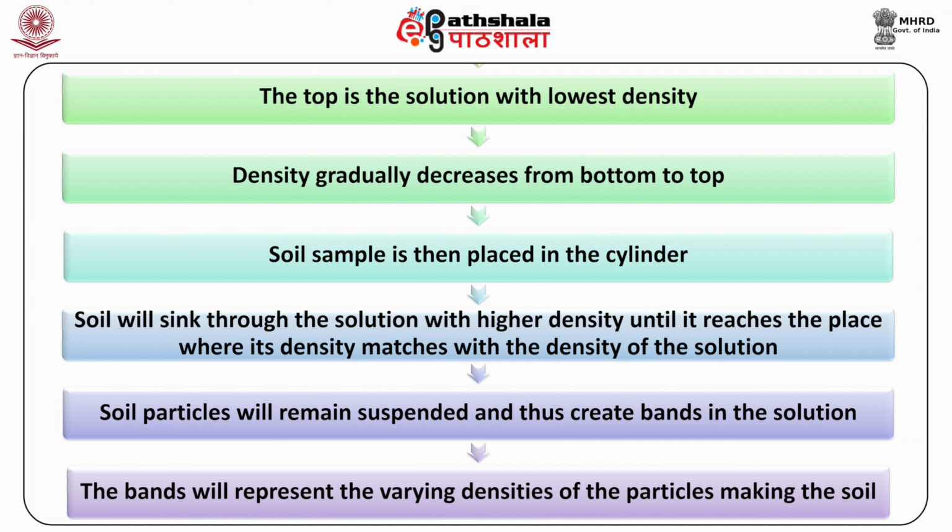The soil will keep on sinking through the solution which has a higher density than the density of the soil, but the moment it reaches the place where its density matches the density of the solution, the soil particles will remain suspended and form bands in the solution.